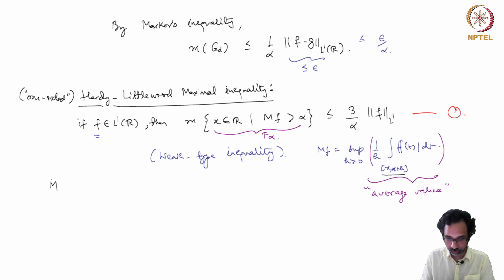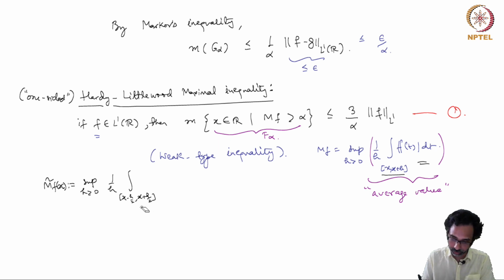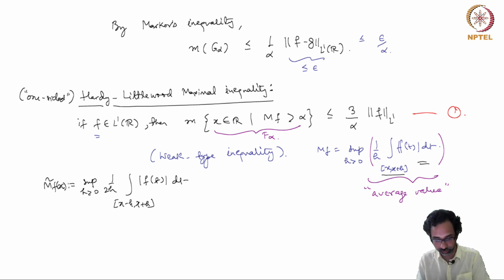then the one-sided Hardy-Littlewood inequality will follow. If you define M tilde f, so remember that Mf is this guy here, and M tilde f is the supremum at x over h greater than 0 of 1 over 2h times the integral from x minus h to x plus h of the modulus of f(t) dt.